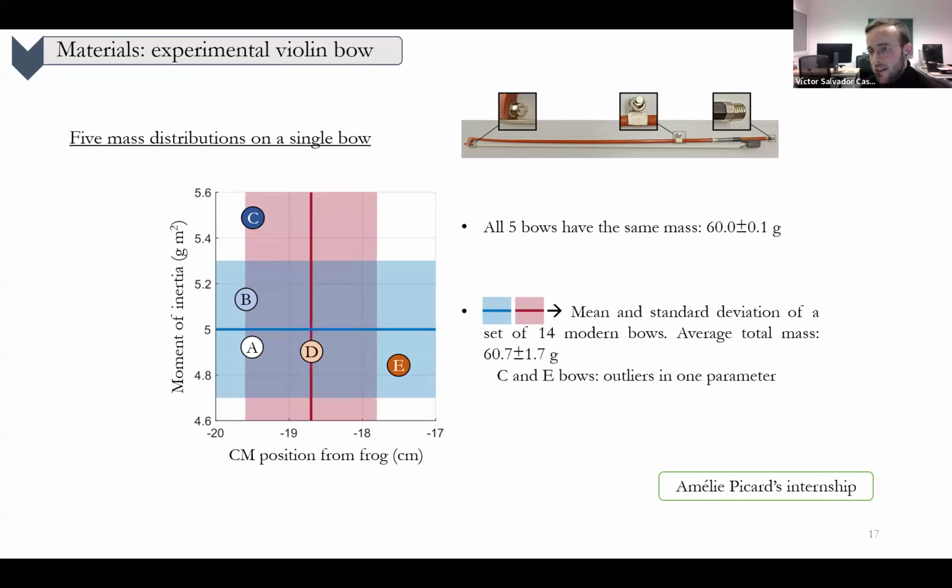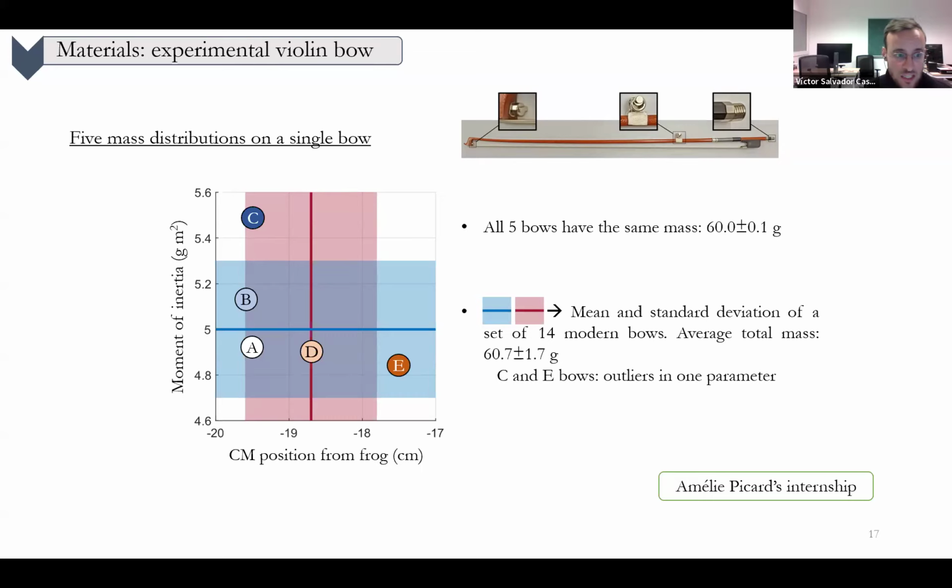And how do these mass distributions and the properties of these bows fall within the normal values? We calculated the mean and the standard deviation of a set of 14 modern bows of musicians that came to do the experiment with us. And we calculated the average center of mass position, the average mass, and the average moment of inertia.